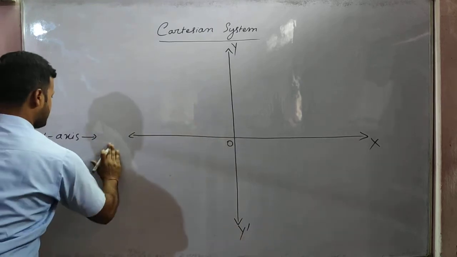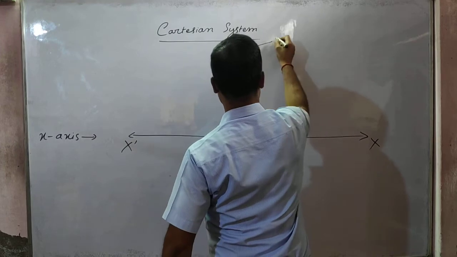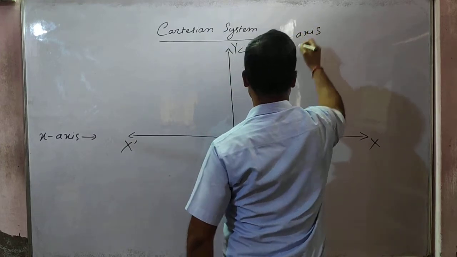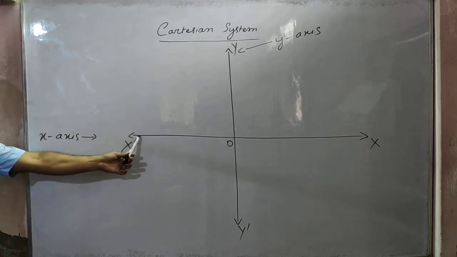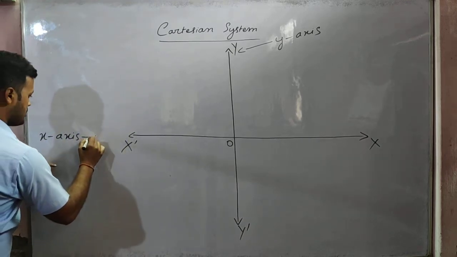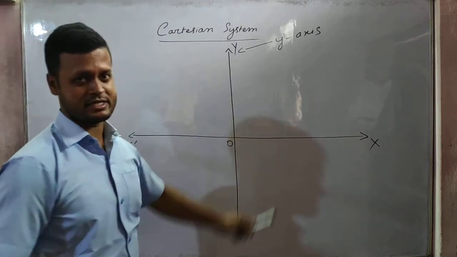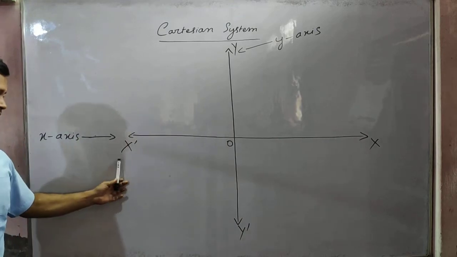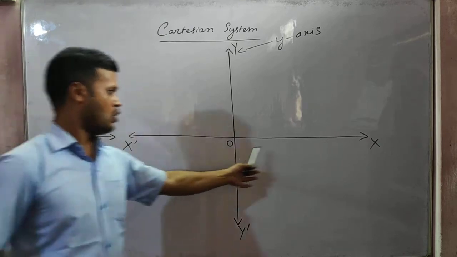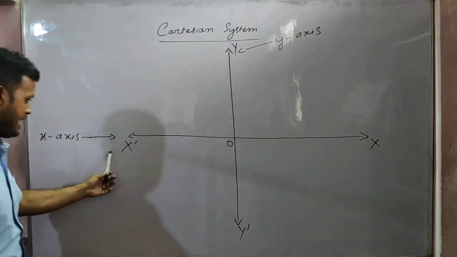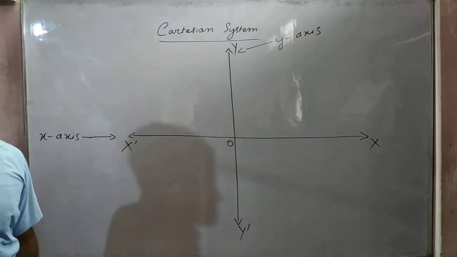Okay, the x-axis is named this way, X'OX, and the name of this axis is called the y-axis. The x-axis is named X'OX, and Y'OY is the name of the y-axis.